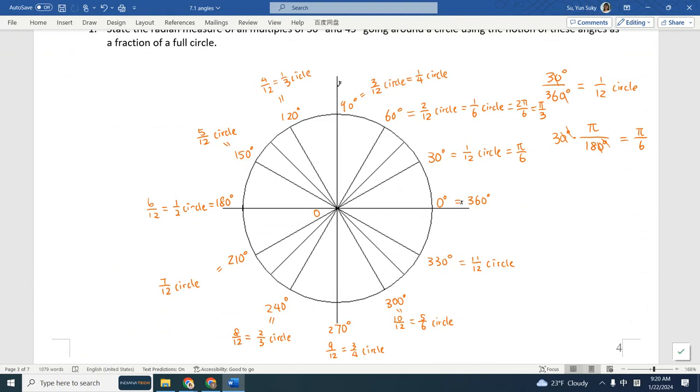How many copies of pi over 6 here? 3 copies of pi over 6 is pi over 2. Follow the pattern. How about here? How many copies of pi over 6? 4. Good. 4 copies of pi over 6 is 2 pi over 3. Very good.